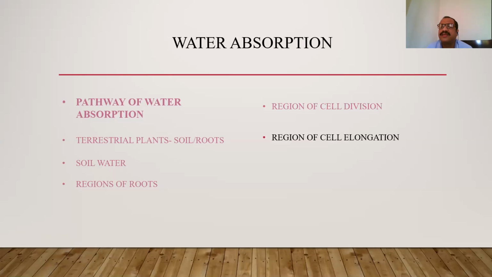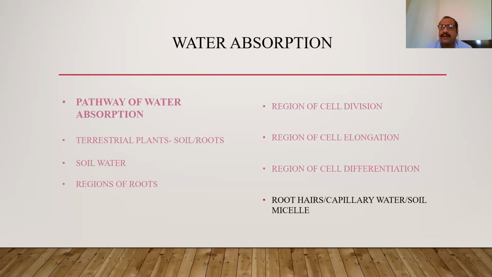There is increase in the size of these cells, so that the root itself increases in size. Then that region is followed by region of cell differentiation or region of cell maturation, where the cells get differentiated to perform specific functions. And this region of cell differentiation also consists of many unicellular hair-like structures, and these are called as root hairs.